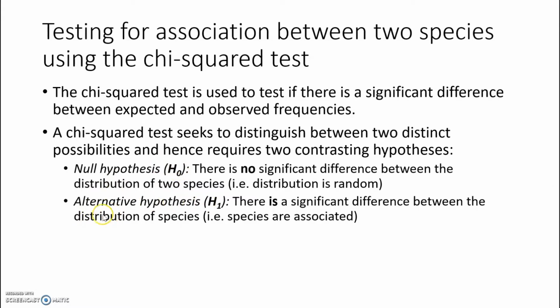In this case, the alternative hypothesis is that there is a significant difference between the distribution of species, meaning that the species are in some way associated. Maybe they prefer to grow apart, maybe they prefer to grow together, maybe they all want to be in the same very sunny spot, maybe they avoid competition with other species. Many different things can come into play when trying to figure out how they are associated. But the test can tell us whether they are associated or not.